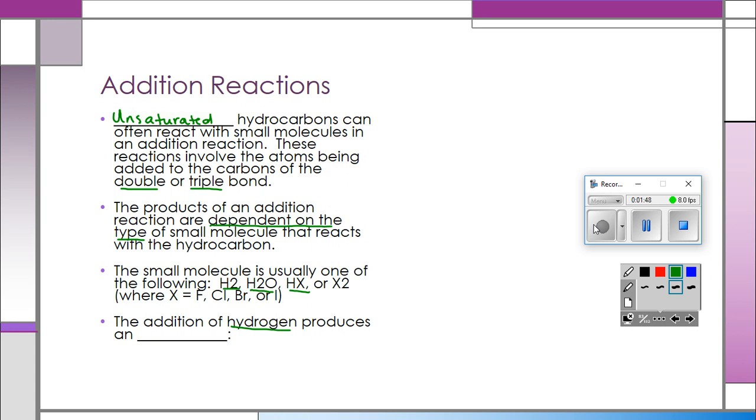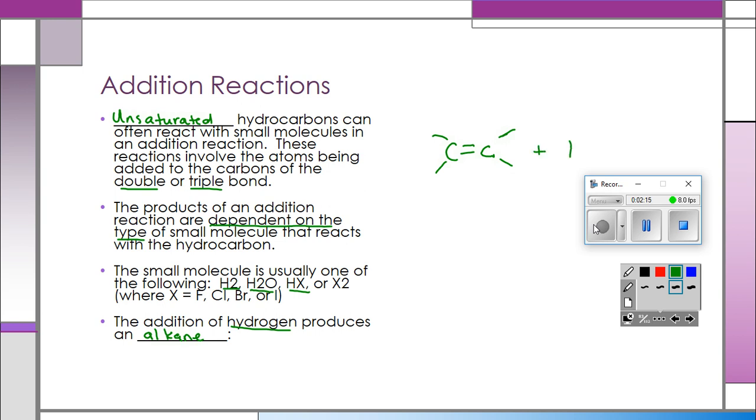Now, if we're adding hydrogen, an addition reaction would produce an alkane. So what would that look like? Well, there would be some carbons with a double bond. What's on either side of them? Whatever. We're only focusing on the ones that have the double bond because that's where all the action is happening.